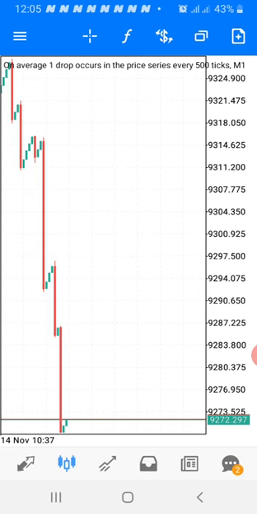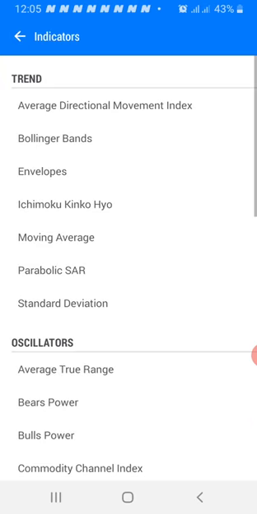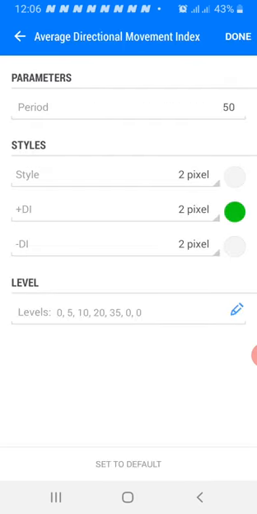Then what we need to do is click on the indicator tab. The first indicator we'll be adding is the average directional movement index. The period is 50, the style is 2 pixel.